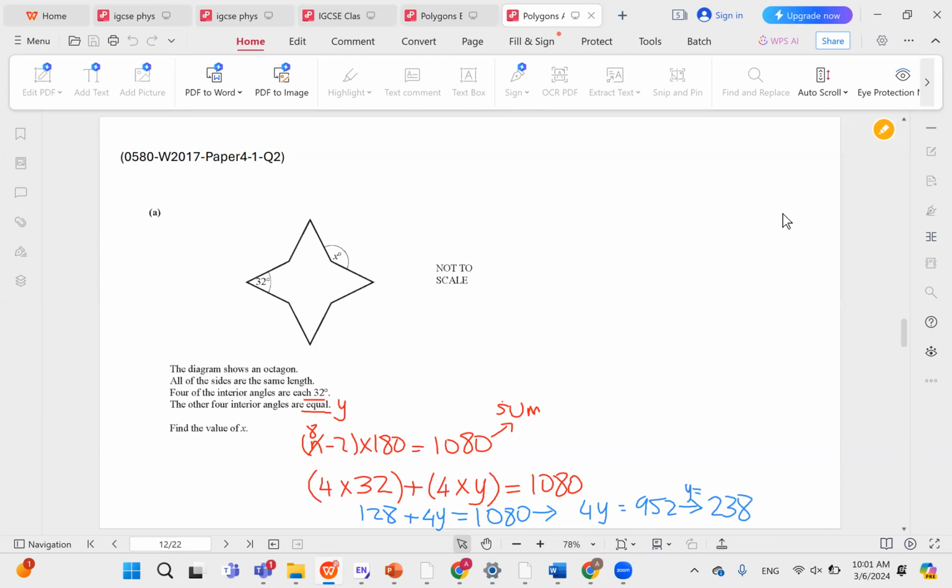Of course, let's put this on the diagram itself. What are the 4 equal angles here? The 4 equal angles, of course, are the tips. So this is 32, this is 32, and this is 32. And then the other 4 angles, which are each equal 238, are these red angles here.